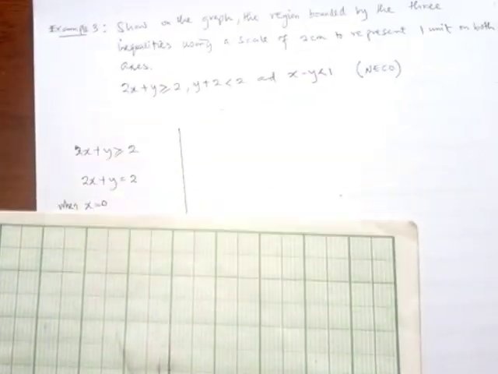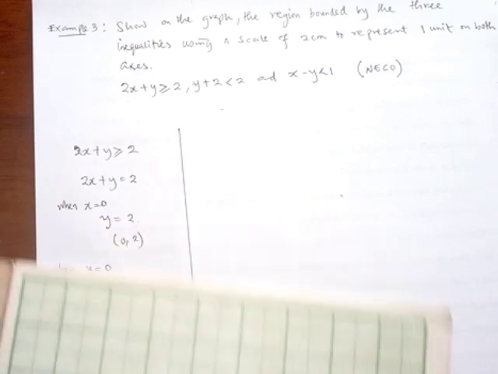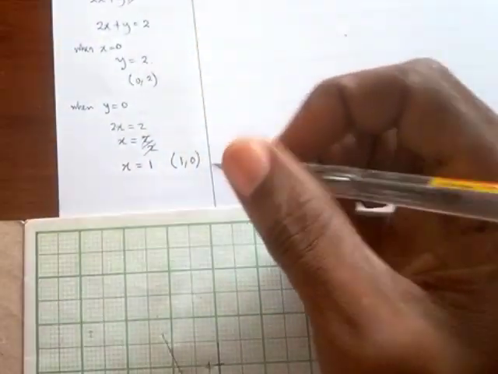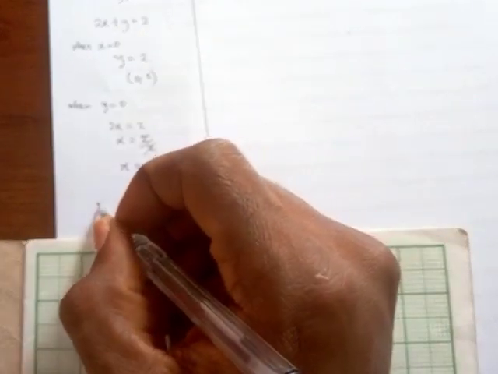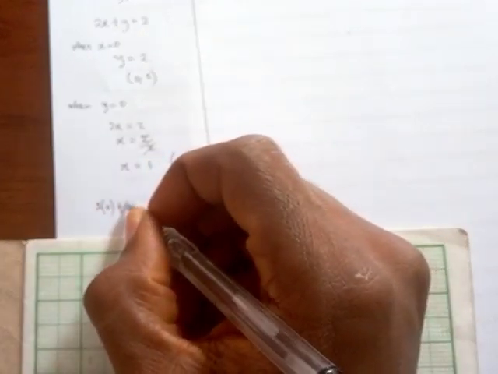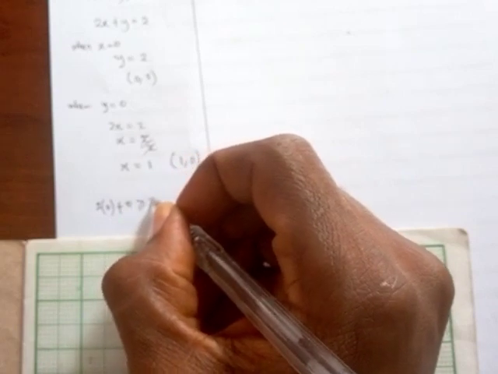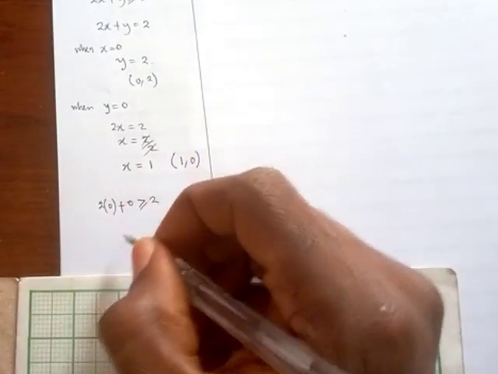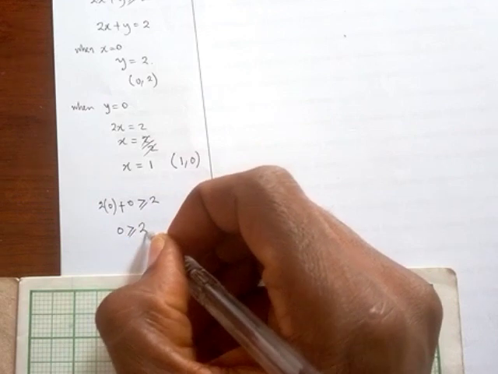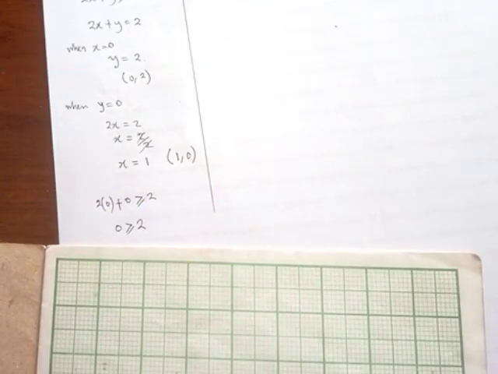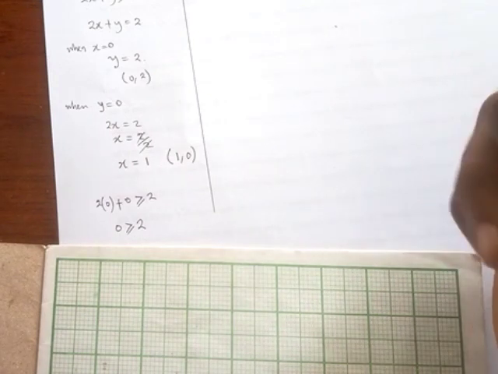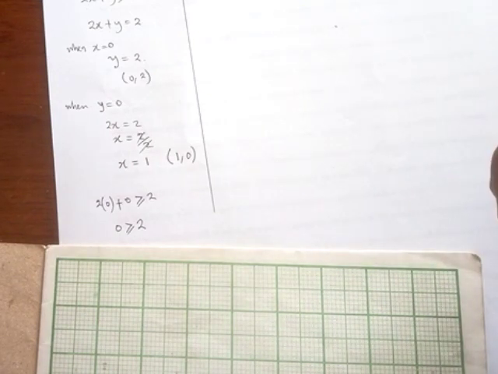Okay, so let's carry out that test. When x is 0 and when y is 0, we have 2 bracket 0 plus 0 greater than or equal to 2. This will give us 0 greater than or equal to 2. So is 0 greater than or equal to 2? Remember, we are going to shade the unwanted regions.